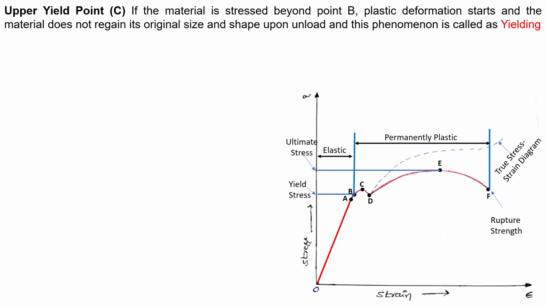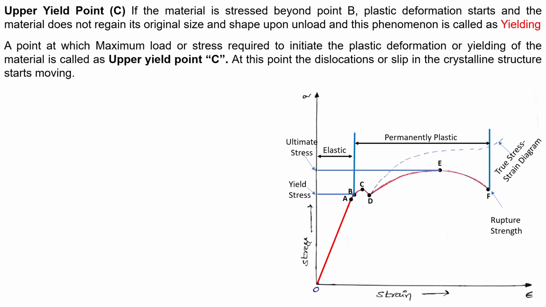So next we look at what we mean by upper yield point. Upper yield point is the point at which maximum load or stress required to initiate the plastic deformation or yielding of the material, and it is called the upper yield point, that is point C. So at this point the dislocations or slip in the crystal structure start to move.